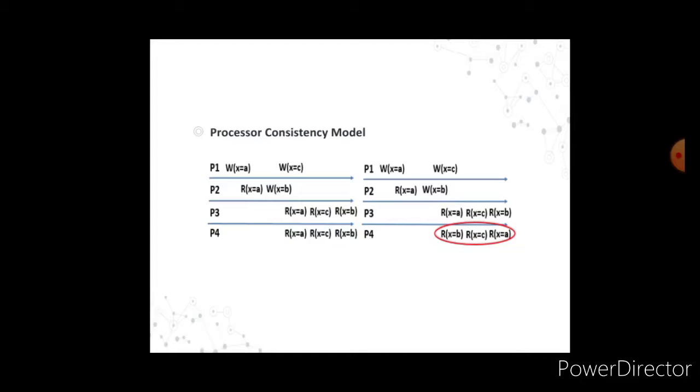Therefore, in the example given for PRAM consistency, if W12 and W22 are write operations to the same memory location, then for processor consistency both processors P3 and P4 must see the write operations in the same order, which may be either W11 and W22.